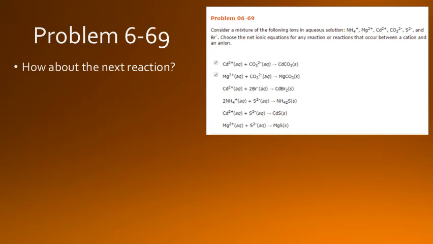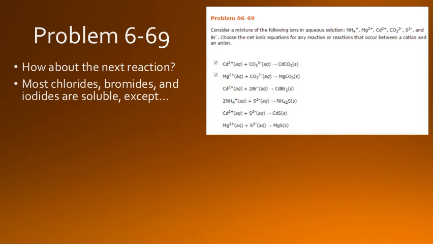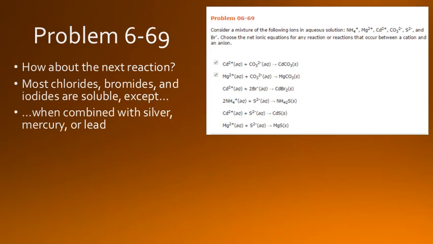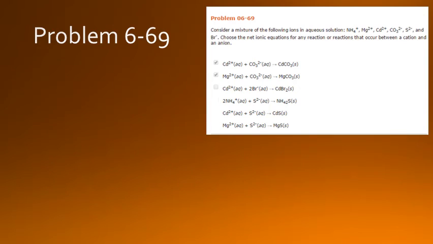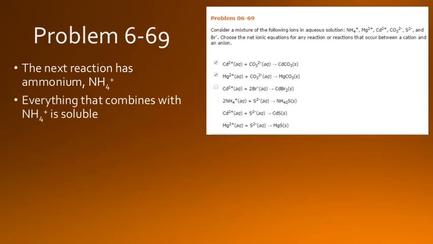So next reaction. Most chlorides, bromides, and iodides are soluble except with silver, mercury, or lead. Cadmium, not one of those three heavy metal ions, so cadmium bromide is soluble and will not form a precipitate. So we will leave that box unchecked. Okay, the next reaction, ammonium, NH4+.